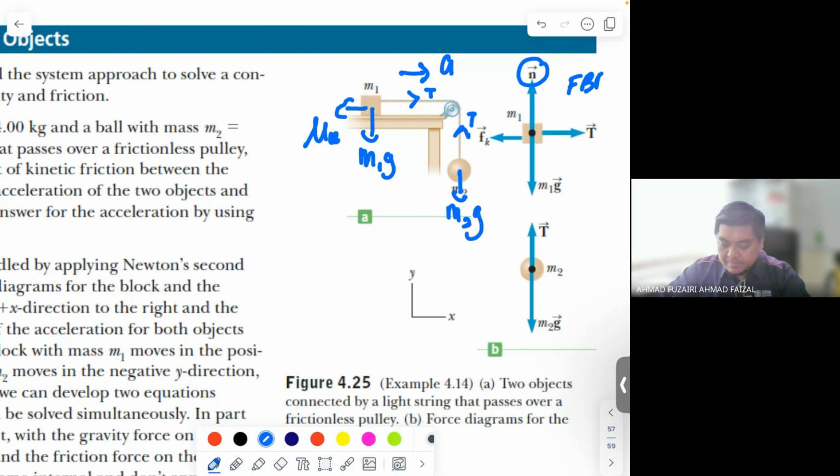The free body diagram is very important. Please do it as your practice. If you want to solve a problem involving force, make sure you sketch the free body diagram.